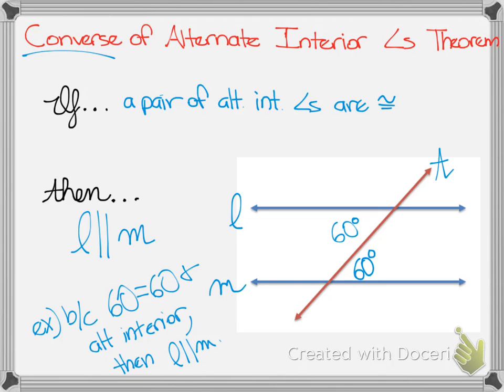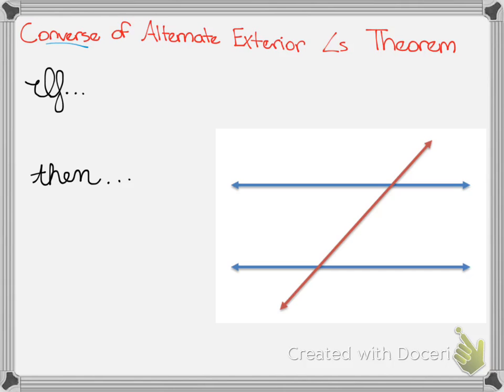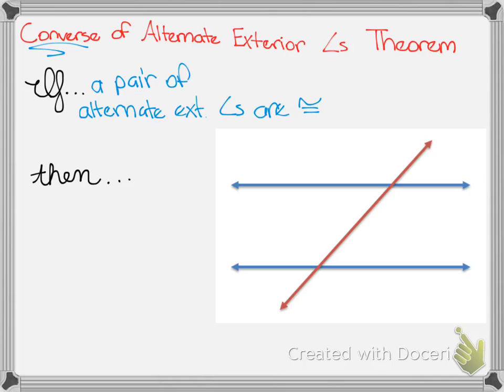All right, moving on to the last one, which is the converse of the alternate exterior angles theorem. So if a pair of alternate exterior angles are congruent, I'm going to abbreviate, then we know that, again, those same two lines are parallel.